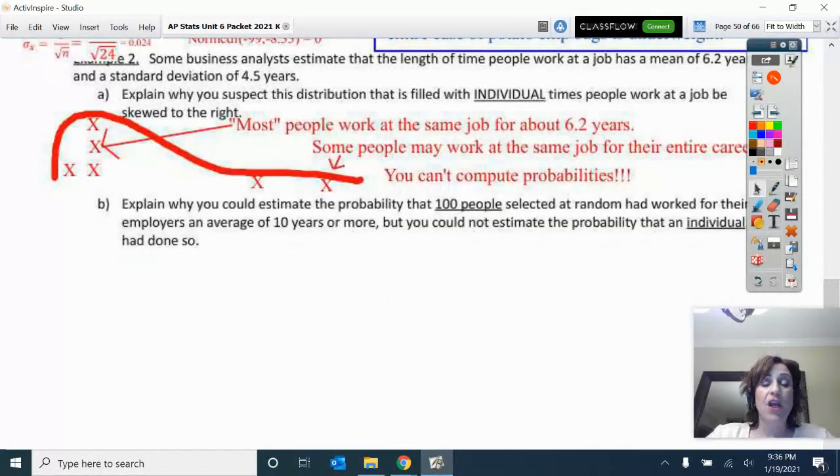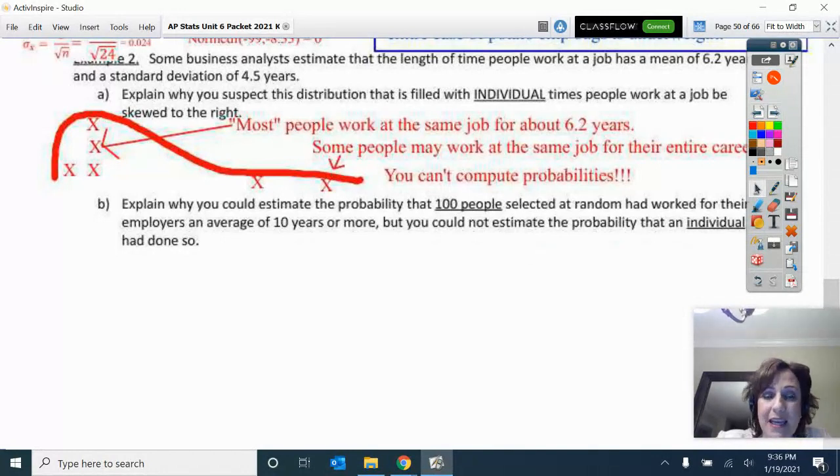Explain why you could do an estimate for the probability that 100 randomly selected people will average out to last 10 years or more. Averaging 100 people, that's an X bar. That is obviously a very large sample. Remember, to be large enough, it just has to be greater than or equal to 30. So I could have just said 30 people.